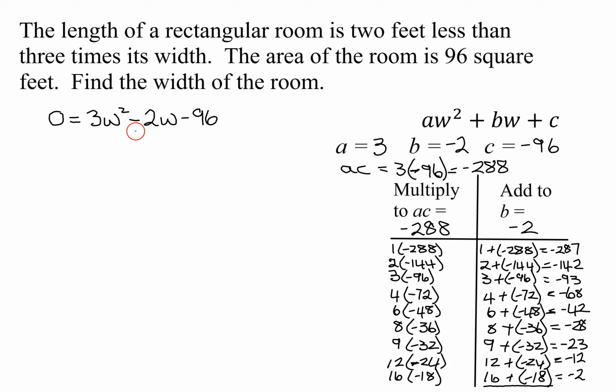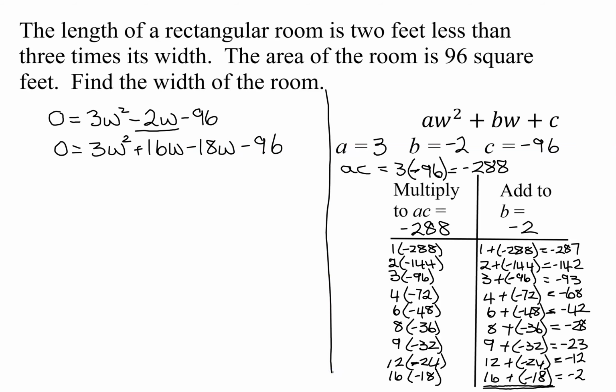What I'm going to do is rewrite that middle term as 2 terms using these numbers. So I get 0 equals 3w squared plus 16w minus 18w minus 96. Sorry, it's kind of running into that.